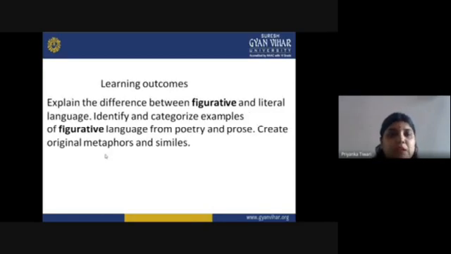Now in the outcomes, we will explain the difference between figurative and literal language, identify and categorize examples of figurative language from poetry and prose, and create original metaphors and similes. With the help of figures of speech, we can find many examples and different comparisons.